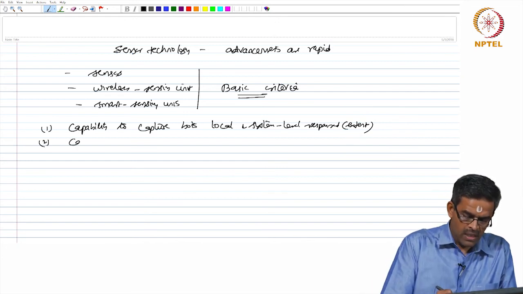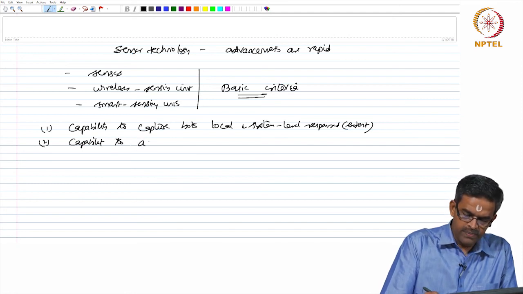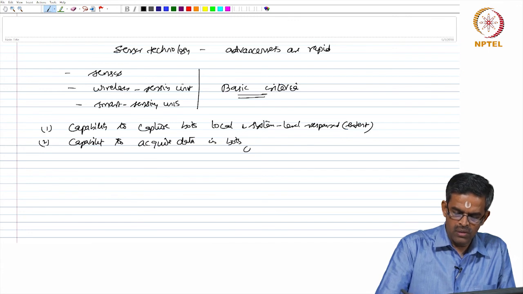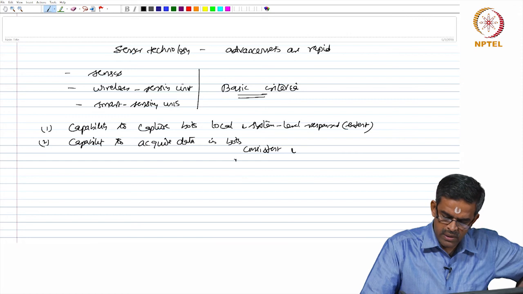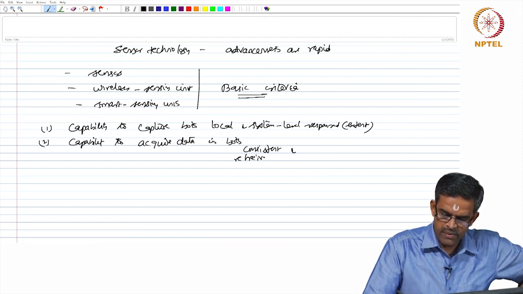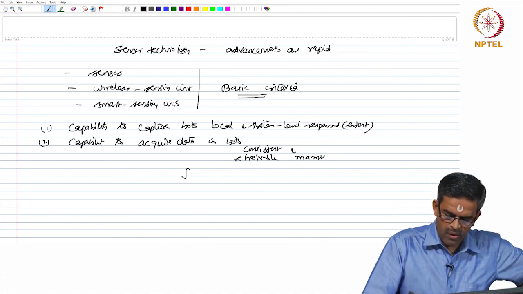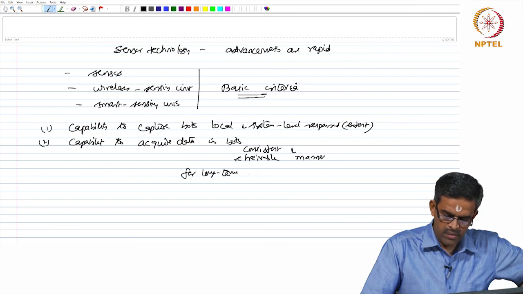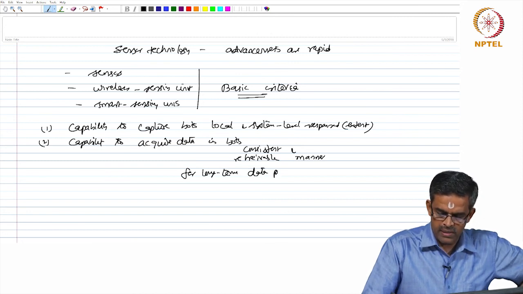Second is the capability to capture or acquire data in both a consistent and retrievable manner for long term data processing and analysis.